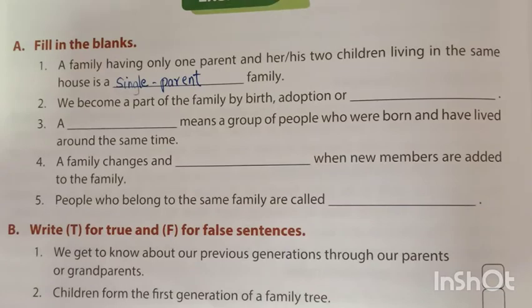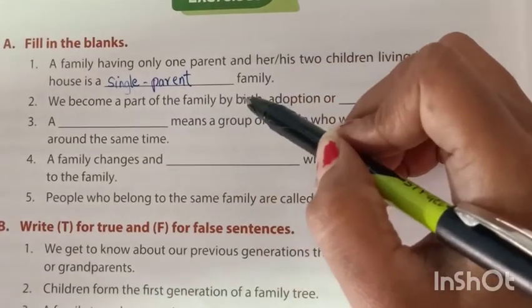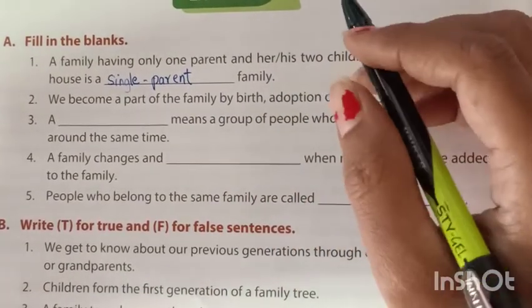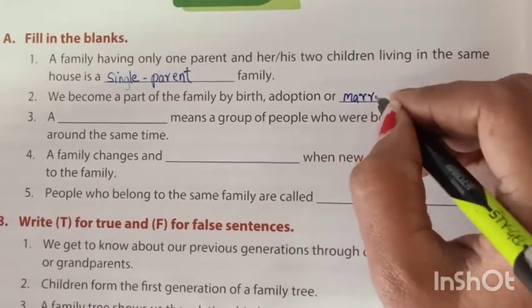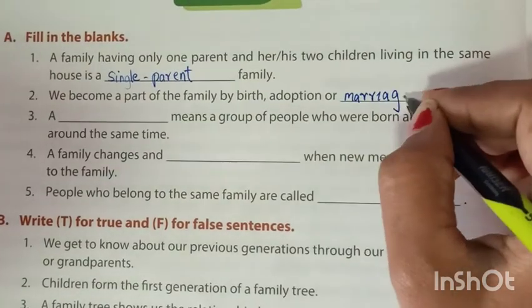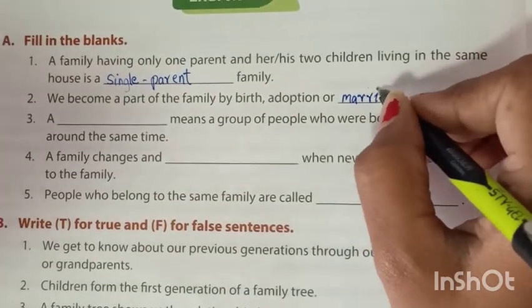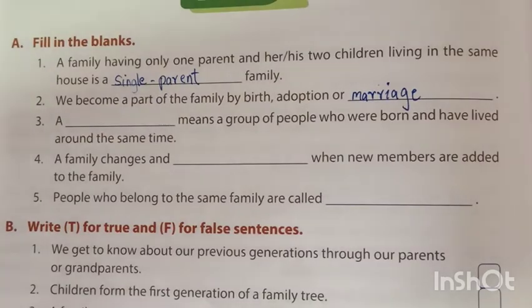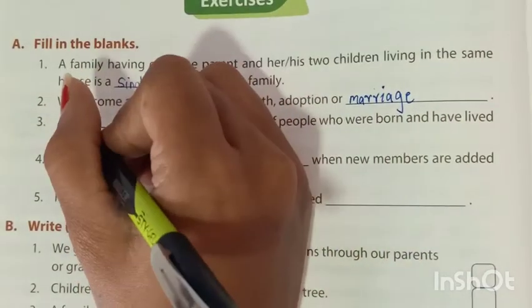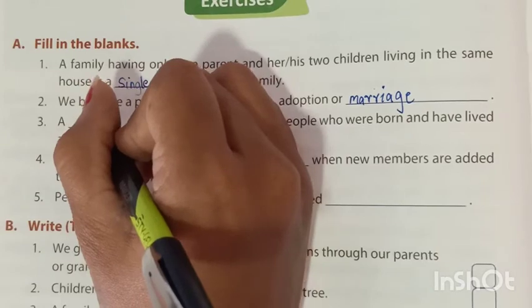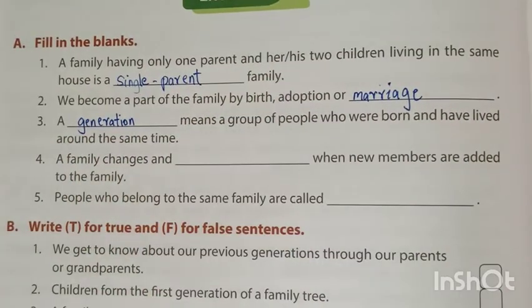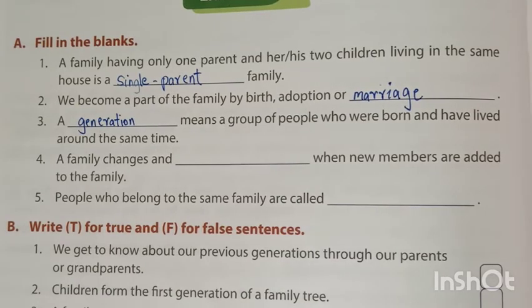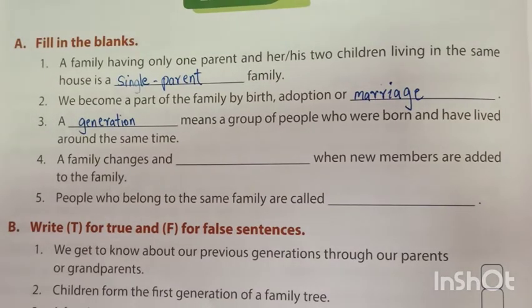Next is, we become a part of a family by birth, adoption or marriage. Third, a generation means a group of people who were born and have lived around the same time.